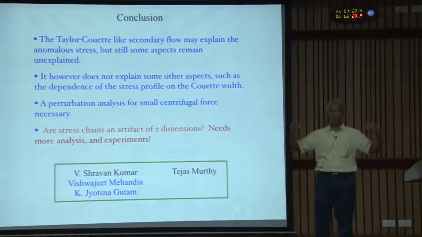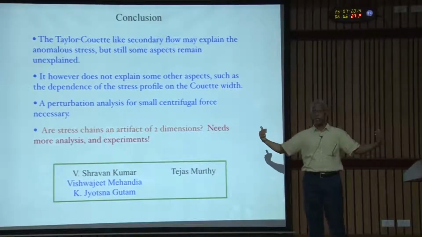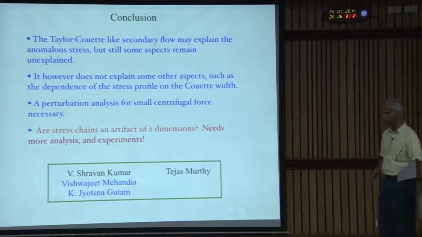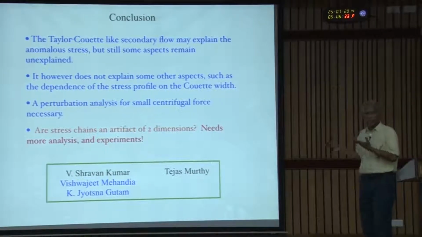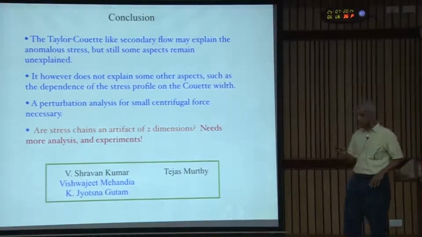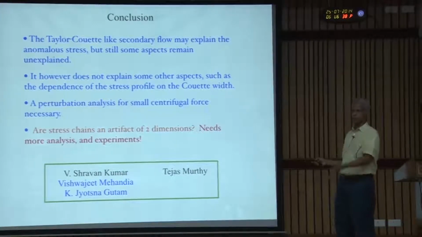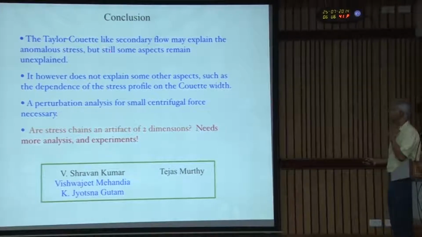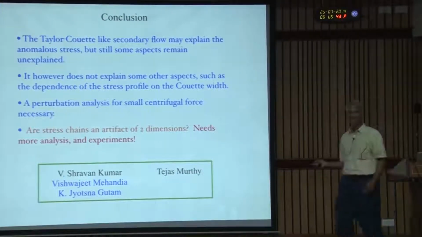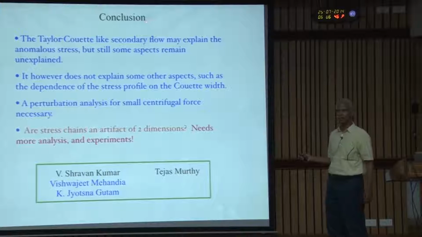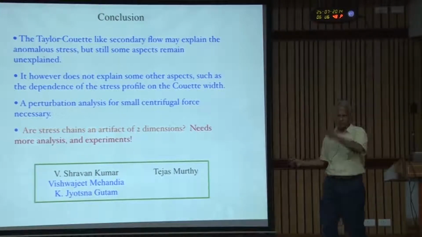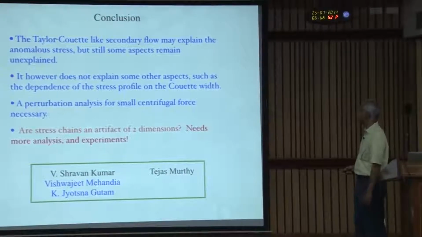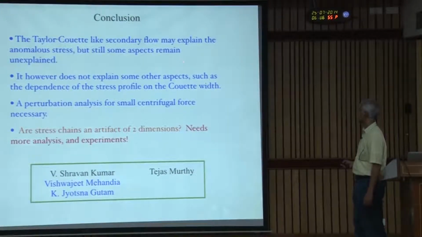But beyond a certain point, the pressure gradient can no longer hold the fluid, and it forms vortices. So, is it a centrifugal instability? That's what we're trying to find out. We are doing a small perturbation analysis of the plasticity equations, like John Lynch did, to see if we can recover these kinds of secondary flows. That's work in progress.